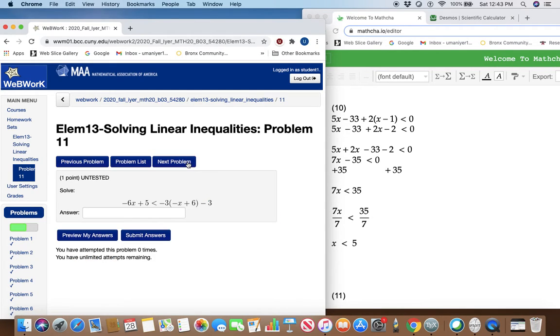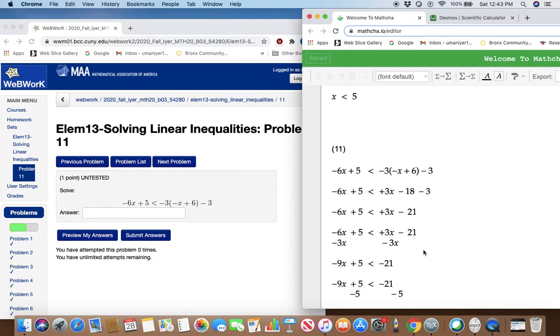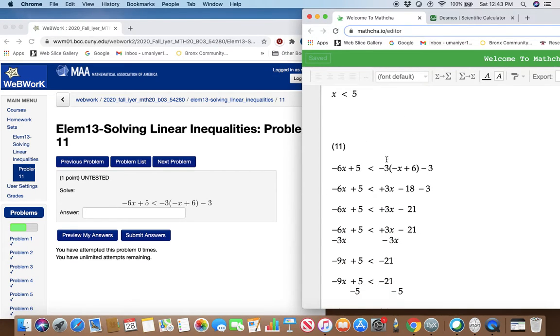Next. Negative 6x plus 5 less than negative 3 times parenthesis negative x plus 6 minus 3. Okay, so we are going to simplify the right hand side because the left hand side is already simplified. Negative 6x plus 5 less than.